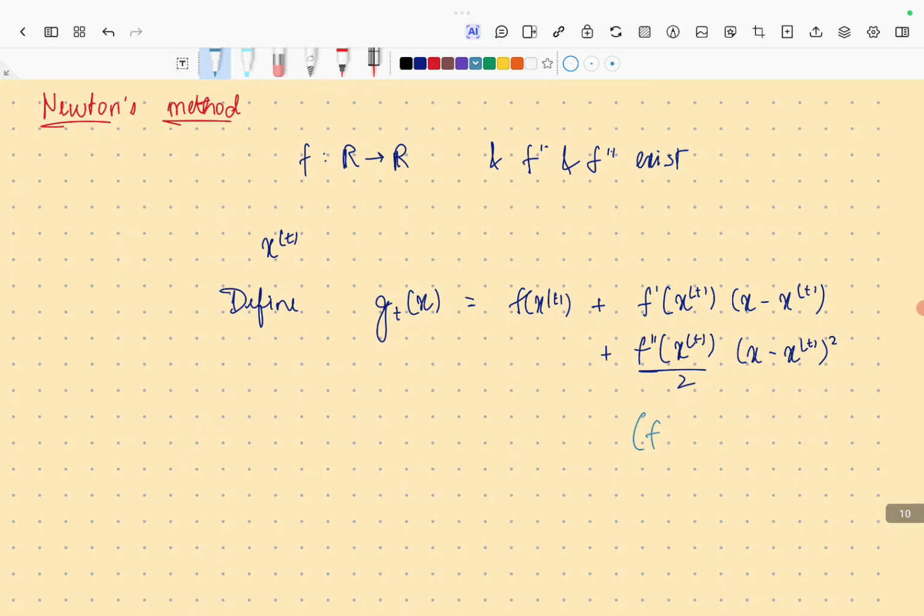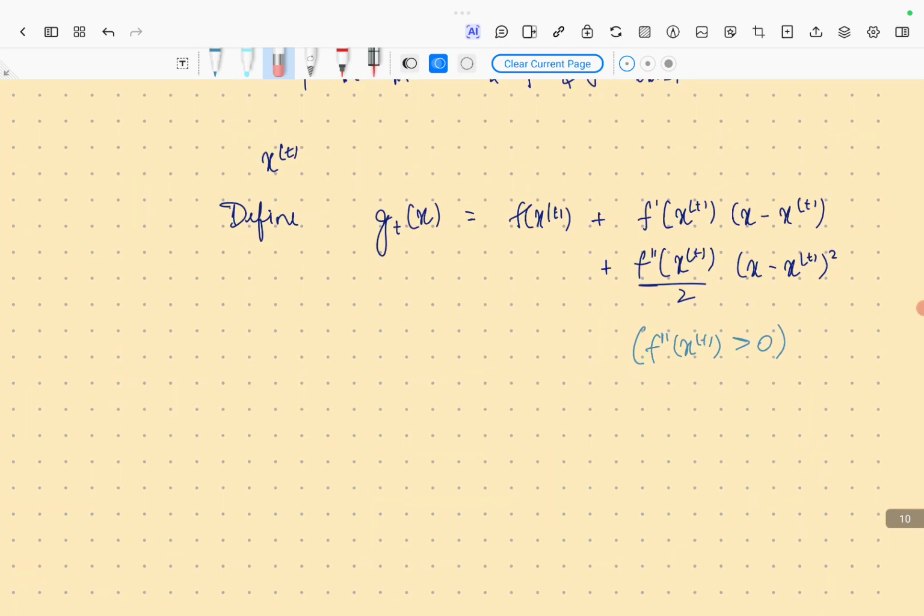If f is convex, then f double prime of xt is greater than or equal to 0, and then you can hope to minimize the right hand side. In fact, we will require f double prime to be strictly greater than 0.